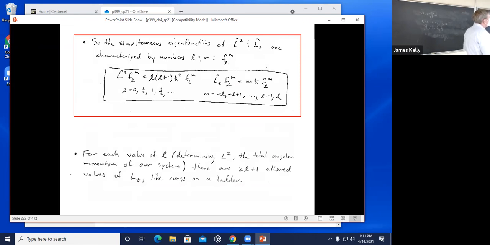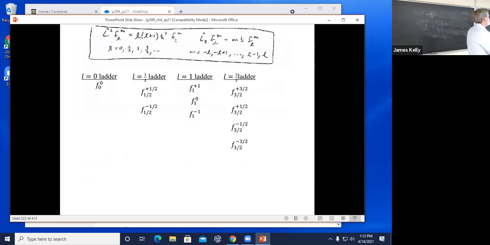Okay, so that means that if we choose a particular value of L squared, in other words, we choose what script L is, then we can form a ladder by going from the minimum LZ value up to the maximum LZ value. So for example, if I choose L equals 0, the ladder isn't very exciting because when L is equal to 0, m has to go from minus 0 to 0.